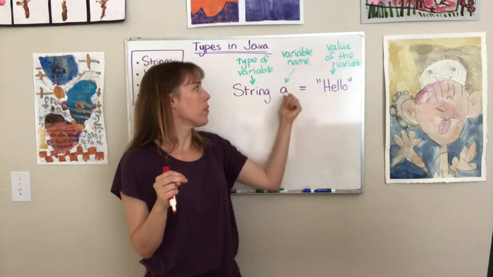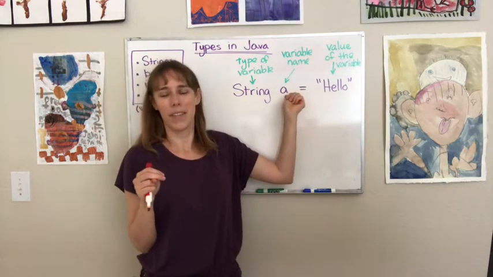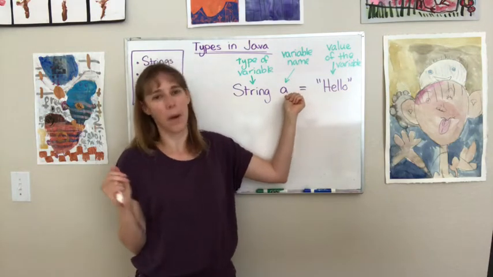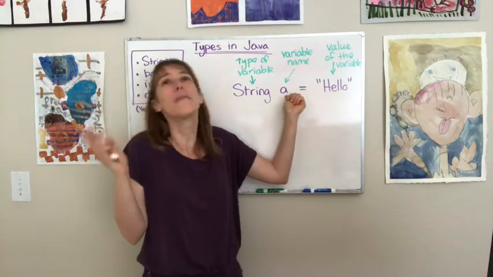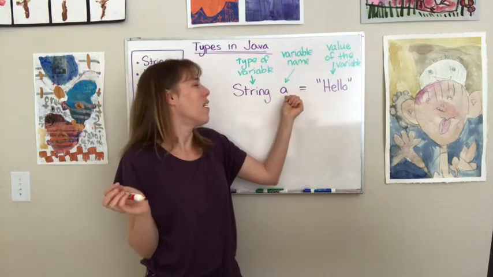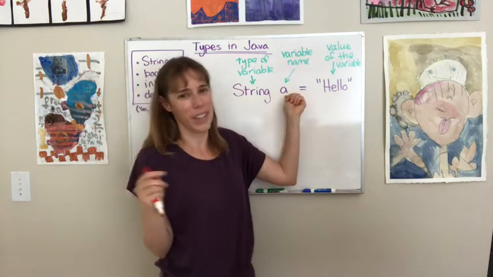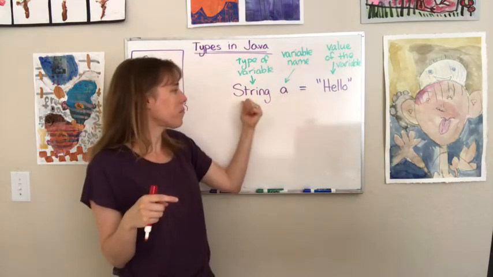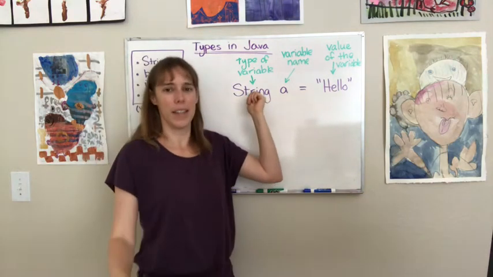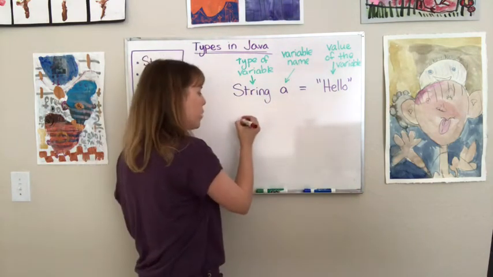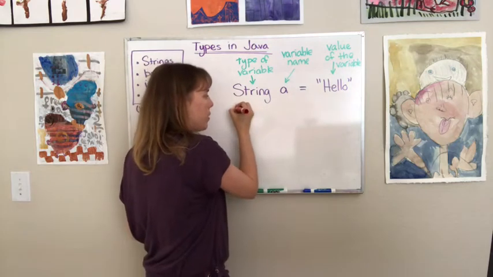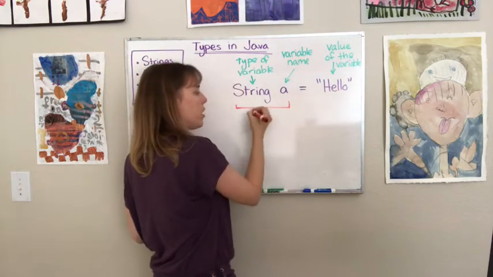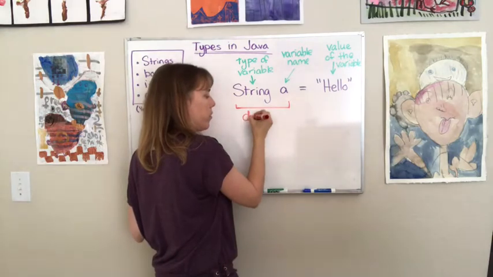So this is the name of the variable. Variables can have all kinds of names. They can be named Bob, they can be named Zebra, they can be named whatever you want them to be named. And we'll talk about naming variables in the next lesson in class. This is the type that it is. So this piece is you declaring the variable.